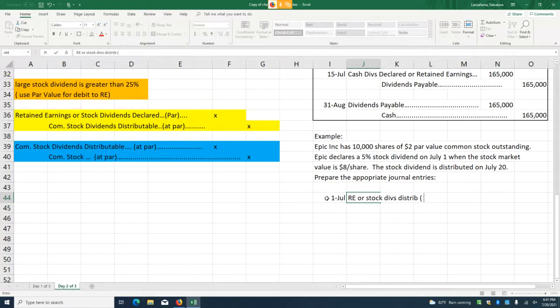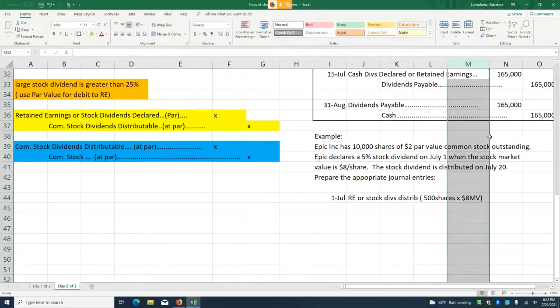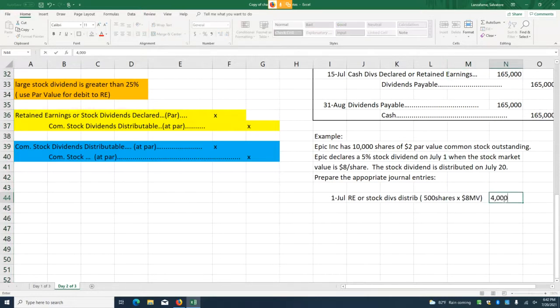You're going to take those 500 shares and multiply that by the market value, MV. So 500 multiplied by 8 gives me $4,000.